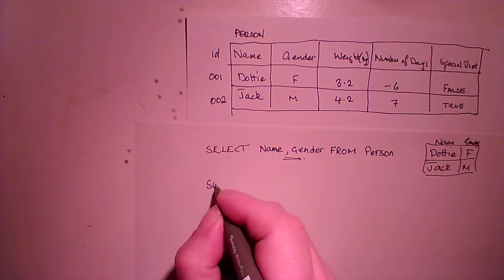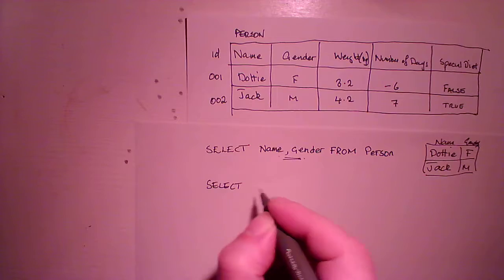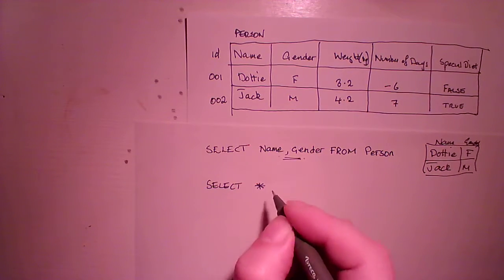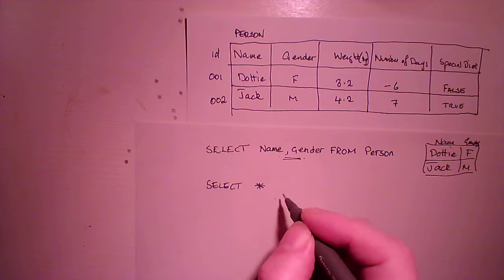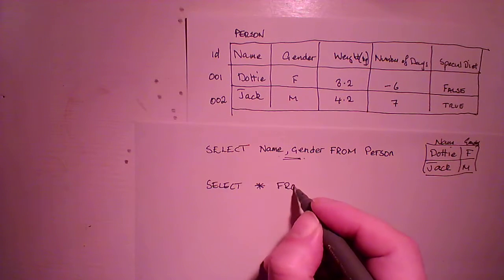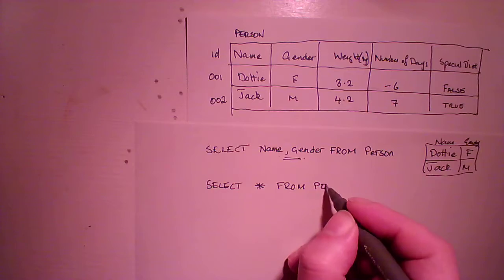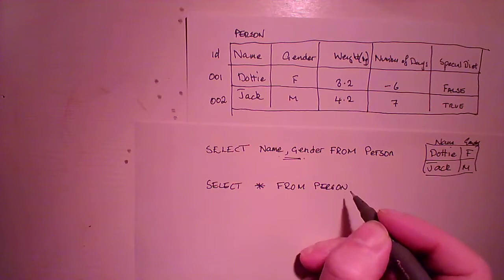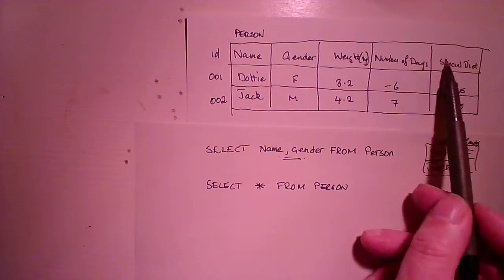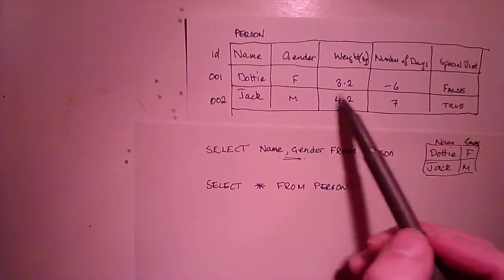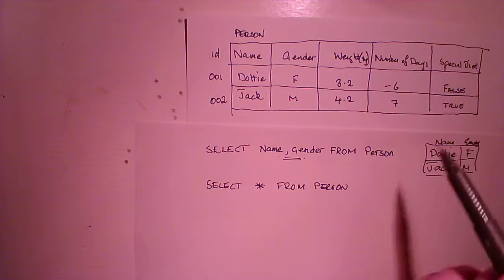So if I did select star, that's called a wildcard, and that means select all the field names from person. Really what it would produce is just this table. So it's selected all of these and it's produced all of this data. So really I just asked it to produce that table.